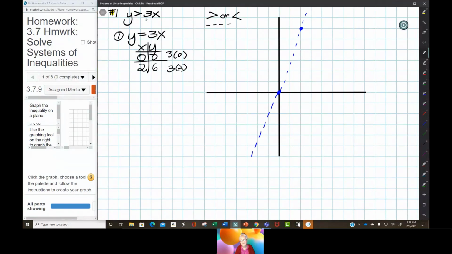So when you graph a linear inequality, you also have to shade one side of the line or the other side of the line. So now, shading is part 2. We have to find out which side to shade on.